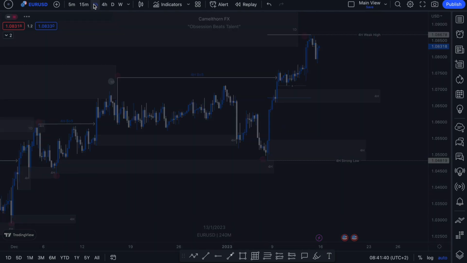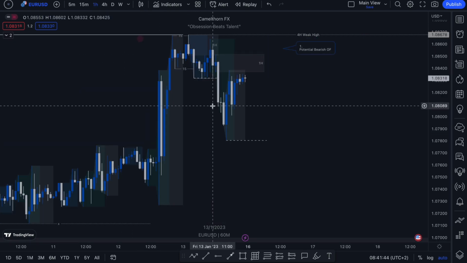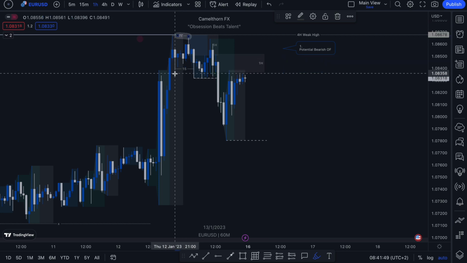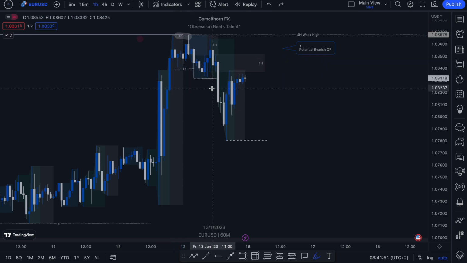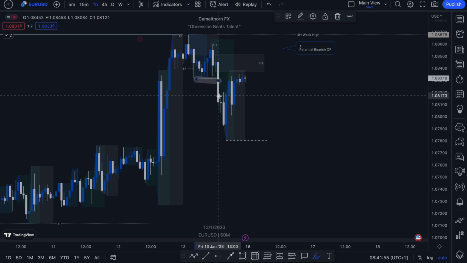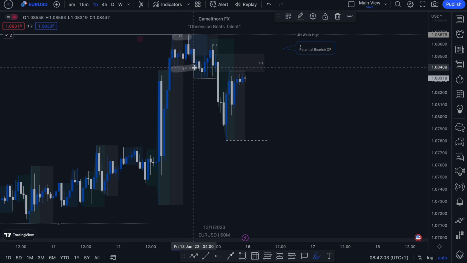If I just very quickly drop down to that 1-hour chart, this is where we already had our 1 hour change of character occurring a little bit easier. So you can see that this was the point where we had that 4 hour change of character, but you can see that my 1 hour swing high essentially was confirmed in here by this change of character.